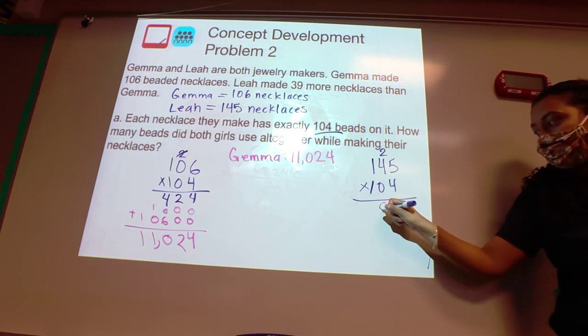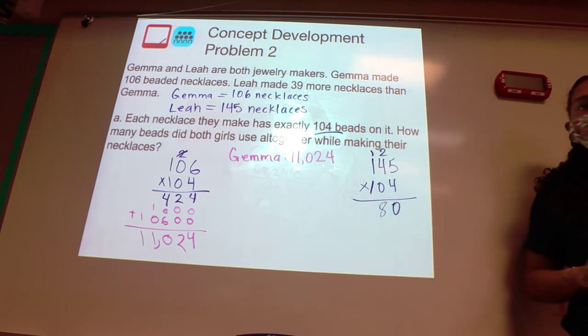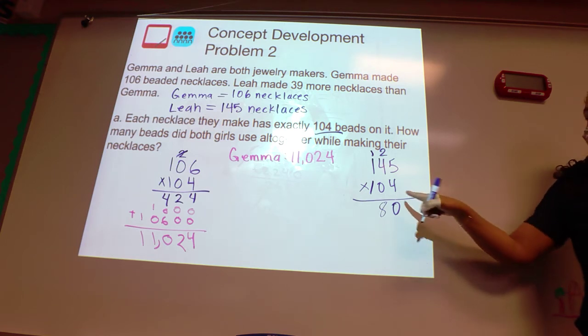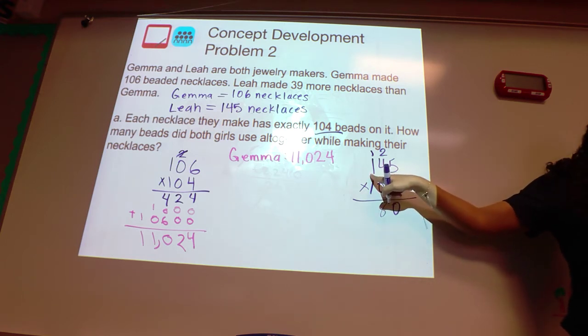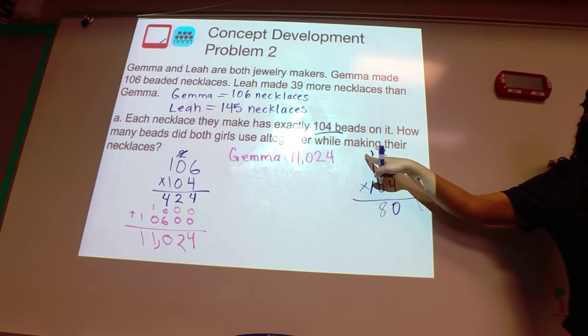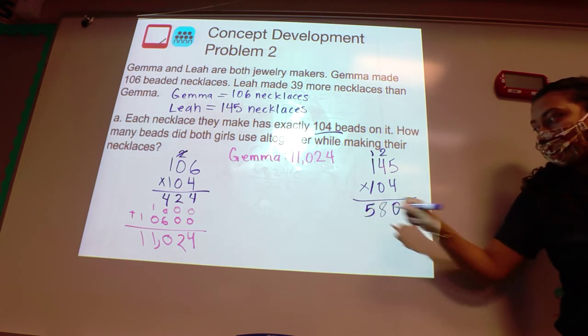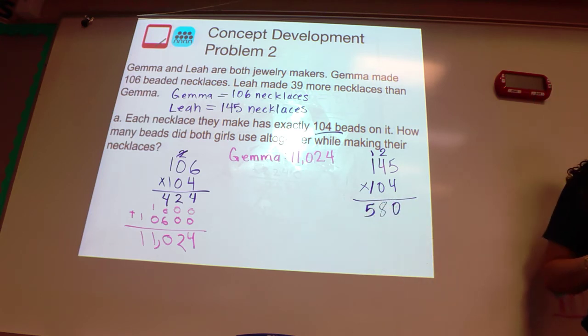So 8 here, carry the 1. 4 times 1, 4 plus 1, 5. 5 right here. So 580 is our first partial product.